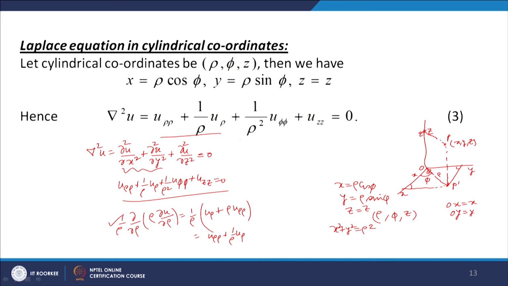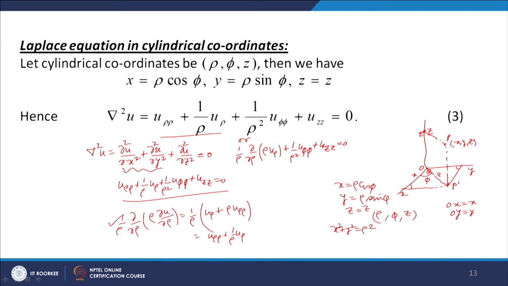So I can also write it as this plus 1 by rho squared u_phi phi plus u_zz equal to 0. This is another way of writing this equation.